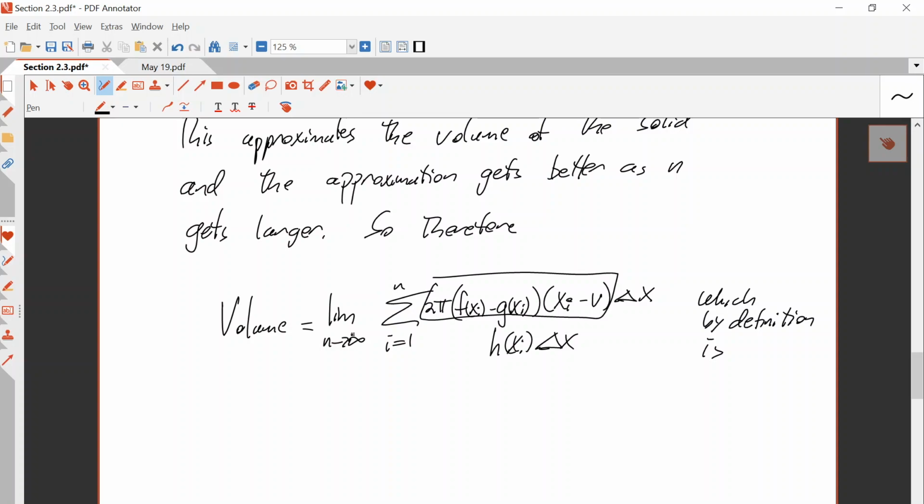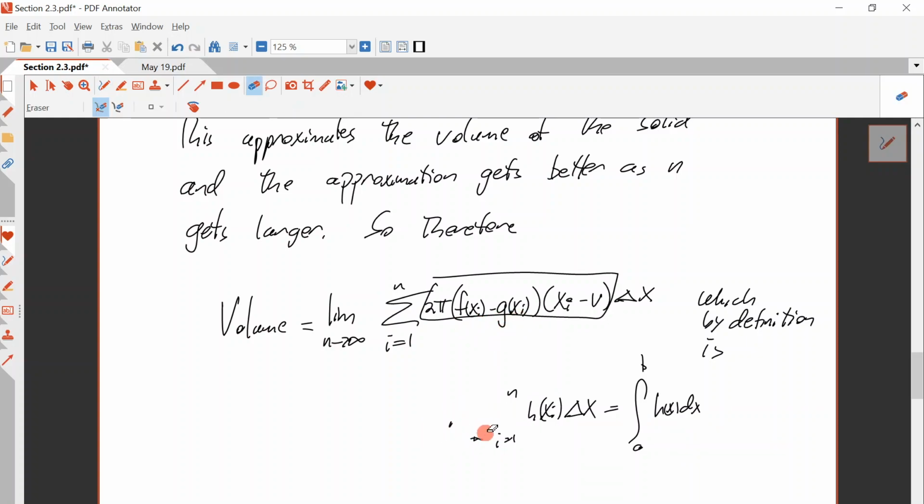So it's interpreting the integral in different ways, all coming from the definition, right? The definition is that the limit as n goes to infinity of the sum i equals 1 to n of some function h(xi) delta x is by definition the integral from a to b of h(x) dx. So here the function h is this thing right there.